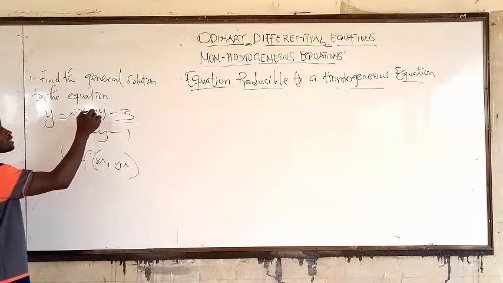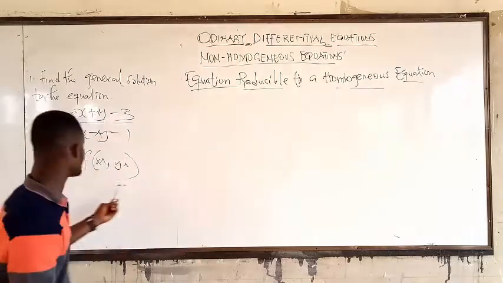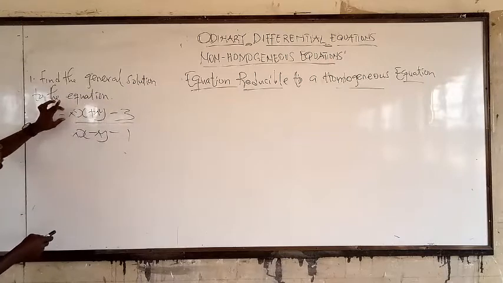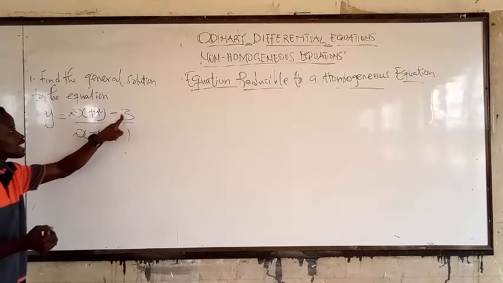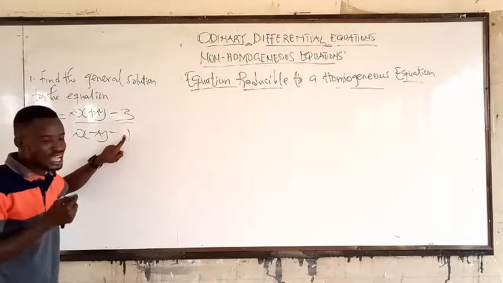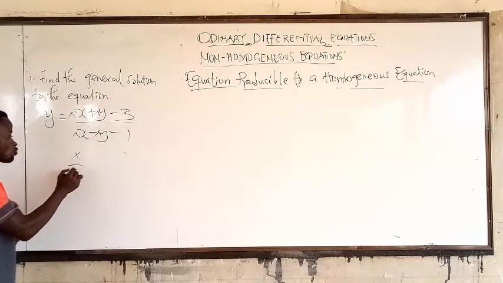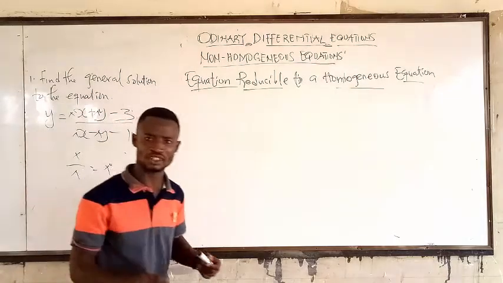Let us put lambda here, here, here, and here. You can see clearly that you can't factor lambda out, because the lambda is not attaching with the constant here, and it is not attaching with the constant here. So you cannot factor lambda out to get lambda raised to the power 0, for it to be homogeneous.